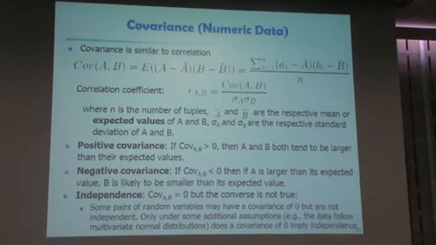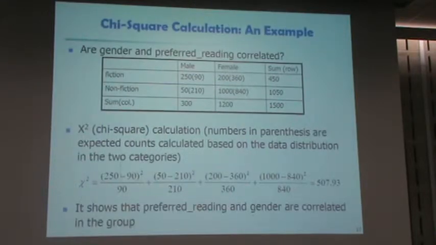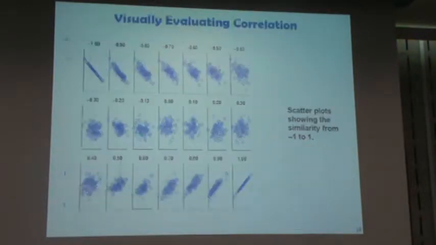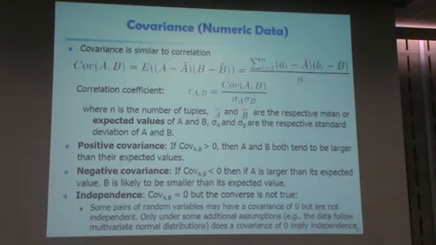A bar is the expected mean value of A and B, that is the same as this one. Then minus from the data.